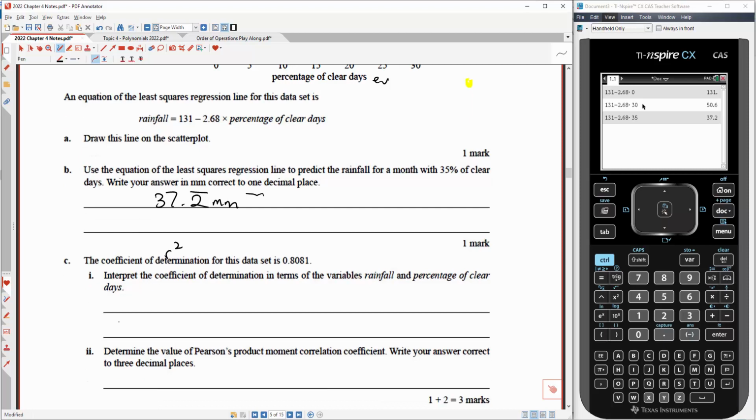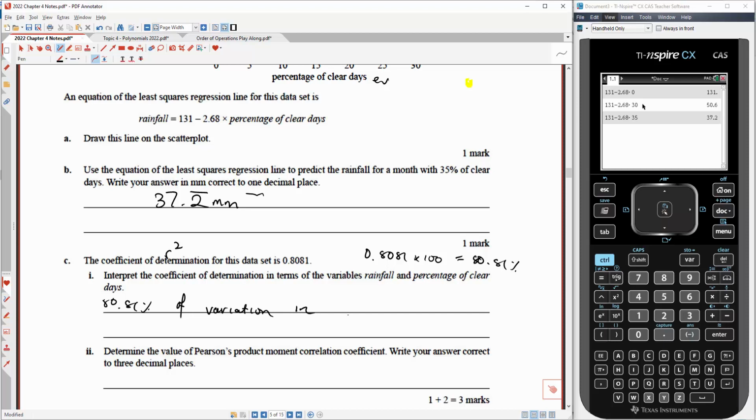Okay, and what we're going to do is note that this as a percentage, 0.8081, we multiply that by 100, is 80.81%. So what we say here is 80.81% of variation in rainfall can be explained by variation in percentage of clear days.